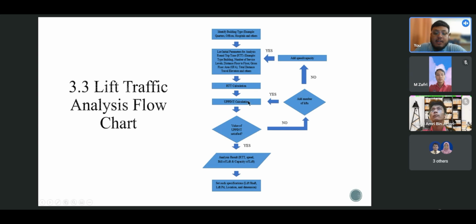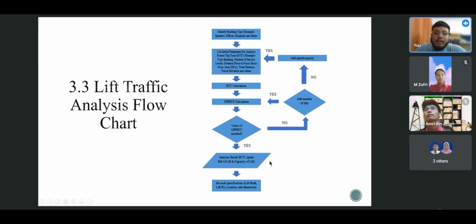After that, UPPINT calculation. Then we need to identify whether the value of UPPINT is satisfied or not. If yes, we proceed with the analysis result of RTT, speed, number of lifts, and capacity of lift, and lastly set the specification of the lift.